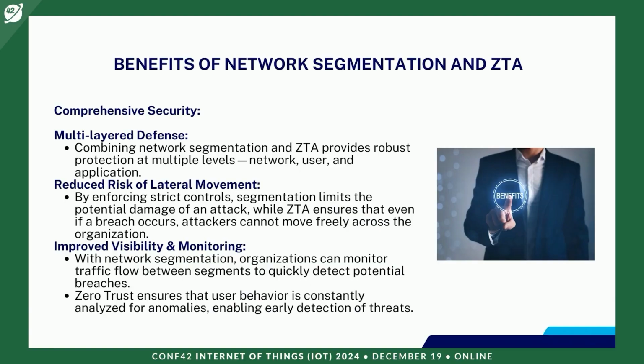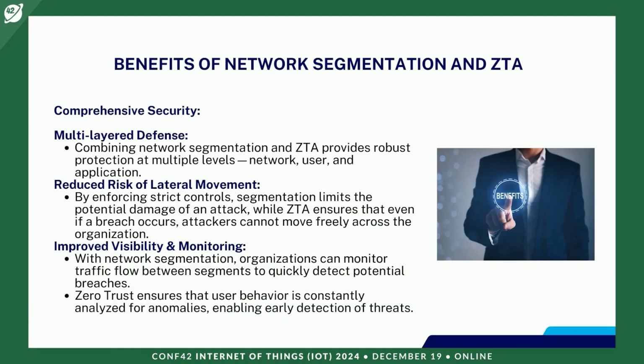Any phishing email that is opened, the attack can be unleashed on your organization. And by implementing the ZTA and network segmentation, the lateral movements can be detected and prevented.